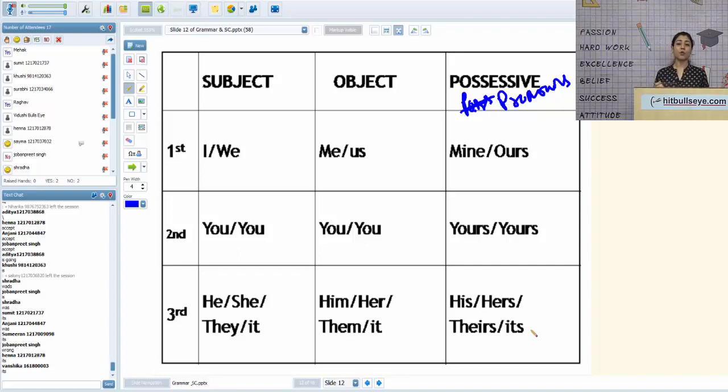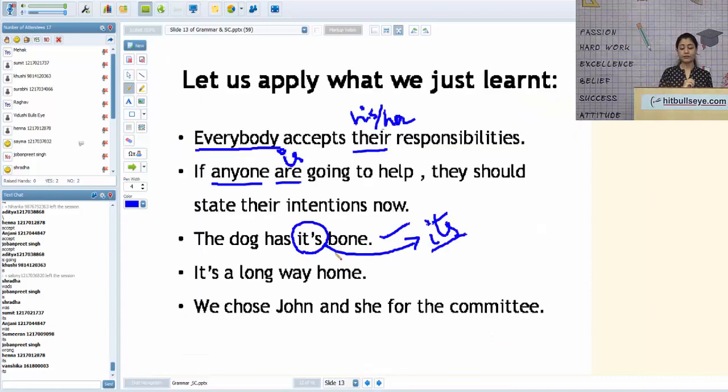You identify it only with the help of how the sentence comes into context. So if the context talks about possession or ownership, then you use the possessive pronoun. For instance, in this example, the dog has its bone. I'm talking about the bone that belongs to the dog. So the dog has ownership of the bone. That is why we use its.